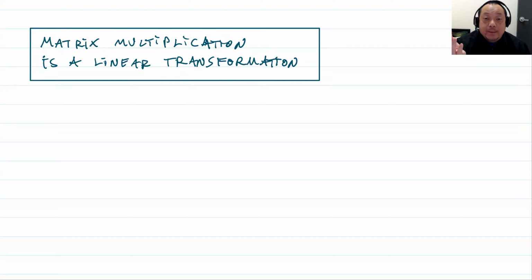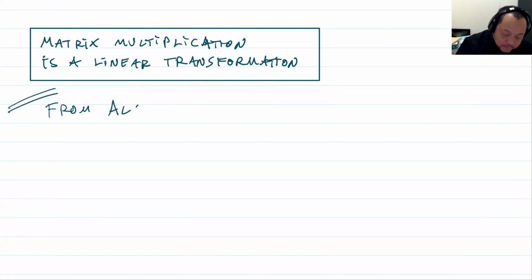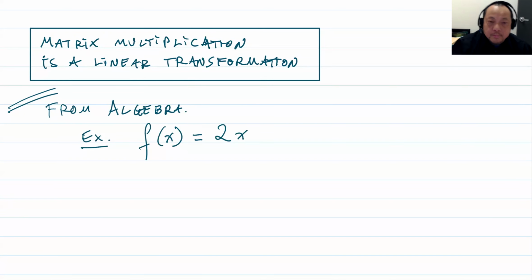Let's do a couple examples from regular algebra. If I think of f(x) equals 2x as a transformation from the real numbers to the real numbers, then is f a linear transformation?